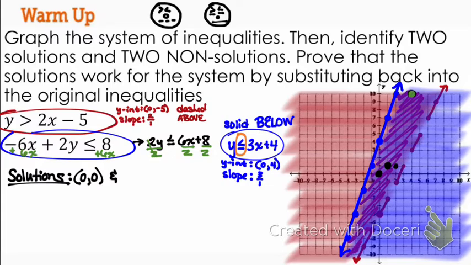So this guy up here, this one, this one, this one, any of these points, we could name any of those. Those would all be solutions. I'm going to use 4, 10 as the other one that we're going to test here. Give me some things that would be non-solutions.